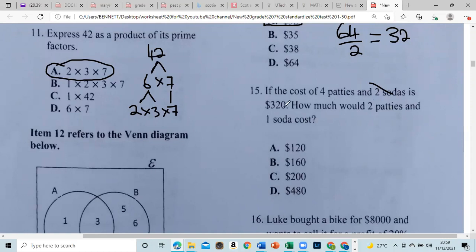So all we have to do is halve 320, because we're buying half of what they bought. So it's 160. Very nice question though.